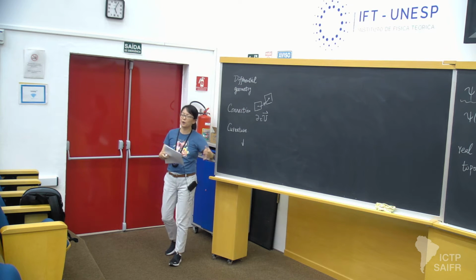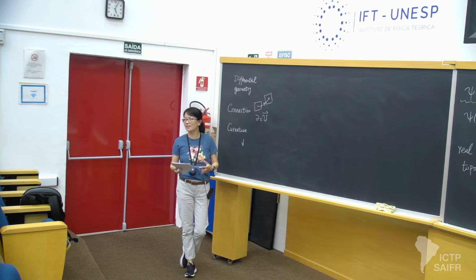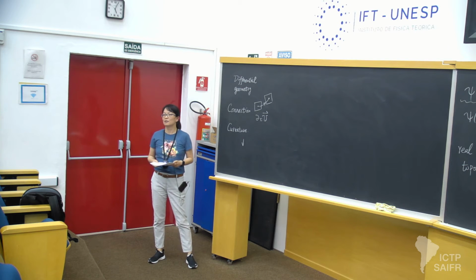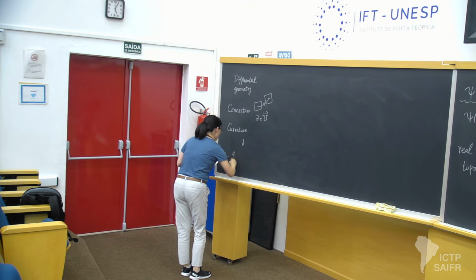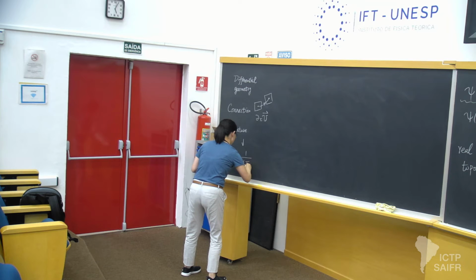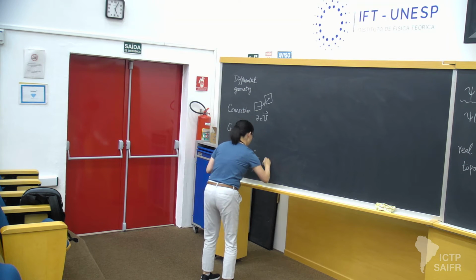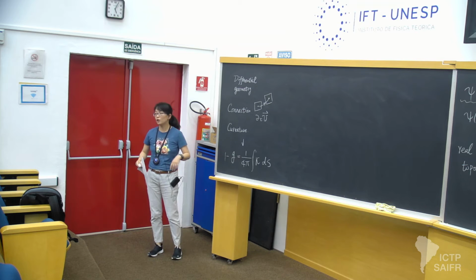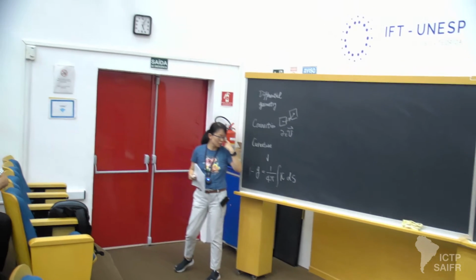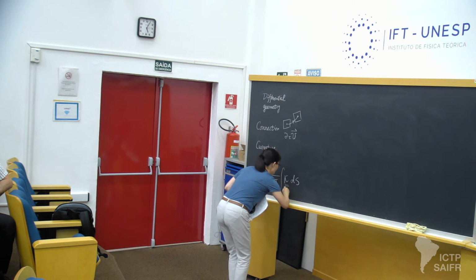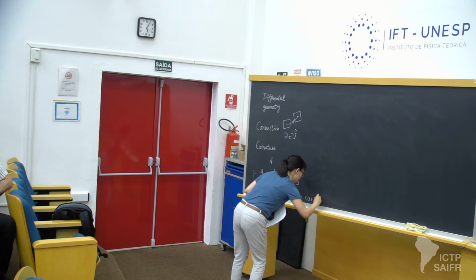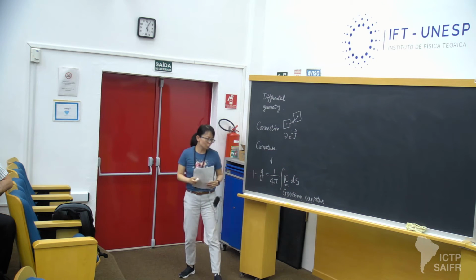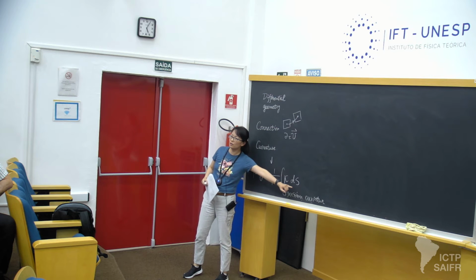So does any of you know the formula that does that? From Gauss-Bonnet? Yeah, the Gauss-Bonnet theorem, right? So you have 1 minus g. If you have a two-dimensional surface, you can calculate the Gaussian curvature and you integrate the Gaussian curvature over the whole space.